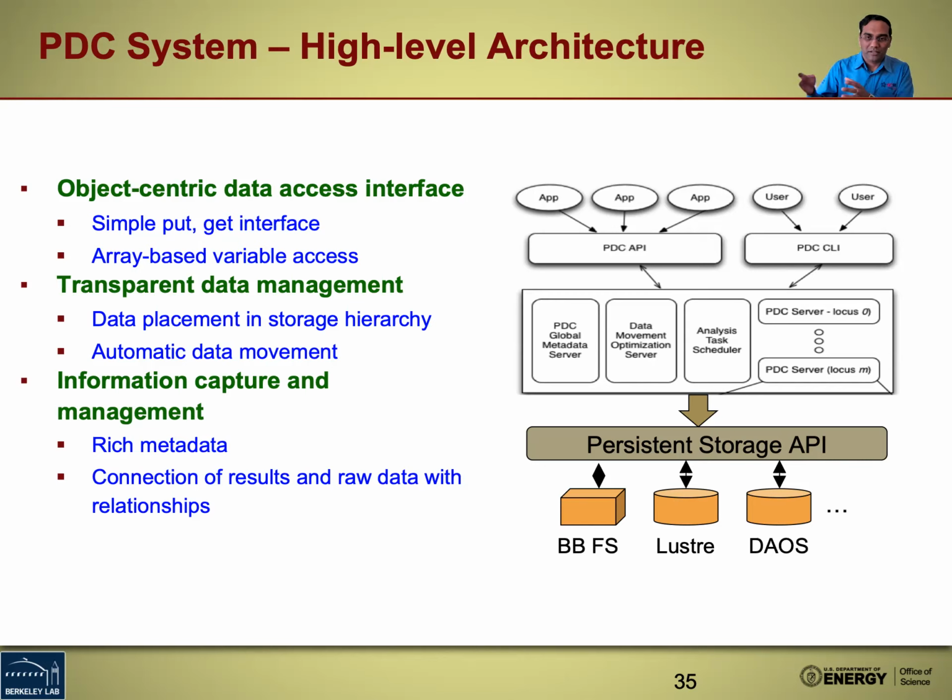They can extract it and convert it into different formats of data. And towards capturing the information, we also provide capabilities to store any types of rich metadata, and also connect results with the raw data and maintain relationships between different objects, so that information is well maintained.